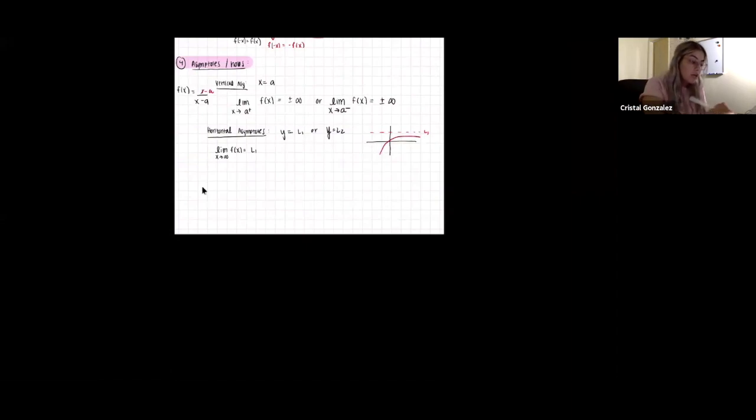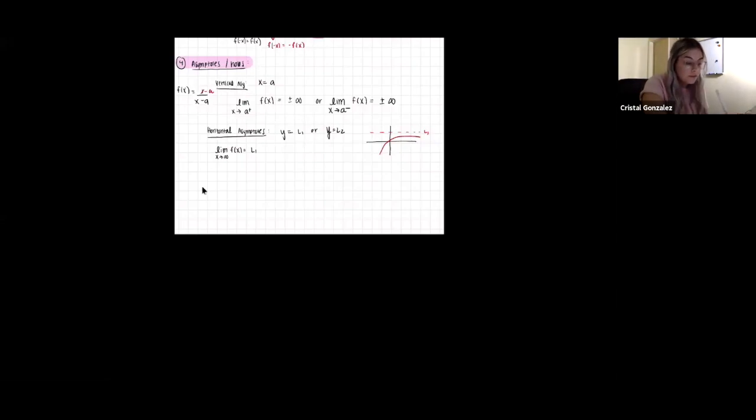Also, if you take the limit as x approaches negative infinity, so the long run now on the opposite end, going to our negative numbers, if that limit equals L2, these are going to be your horizontal asymptotes. And these are only your horizontal asymptotes if these limits exist.